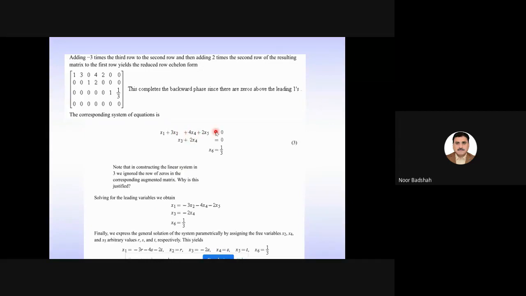Again, they are free variables, so we can introduce some new free variables. We may take x2 as s and x5 as t. x4 is already taken, you don't need to take it again, and that will give you x1 then. So we have the following solution: x1 is minus 3r minus 4s minus 2t, x2 is s, x3 is minus 2r, x4 is r, x5 is t, and x6 is 1 by 3.